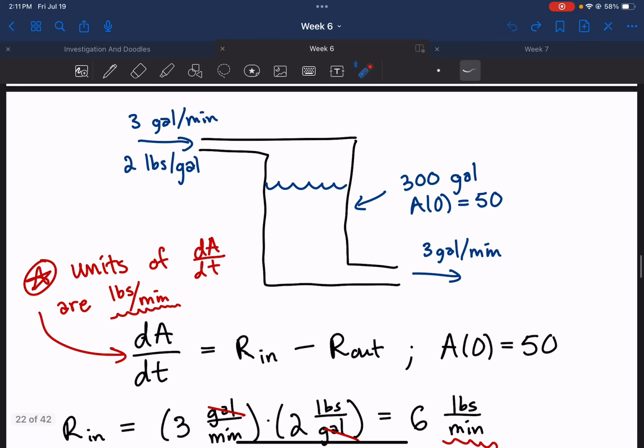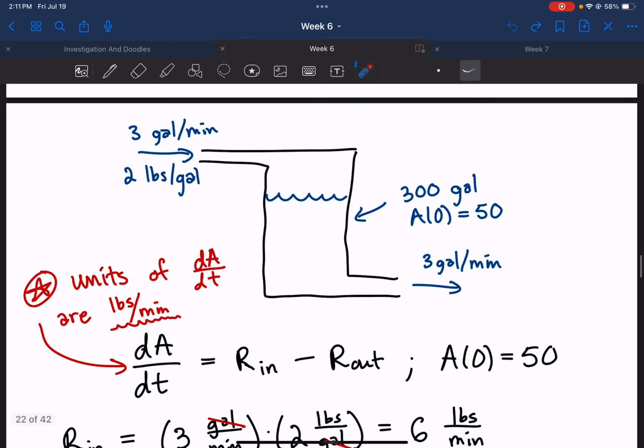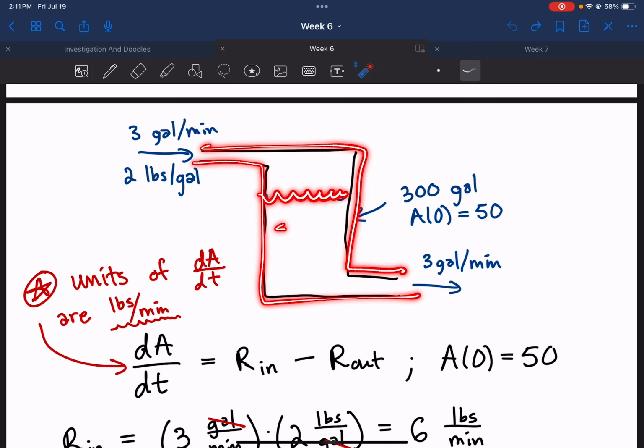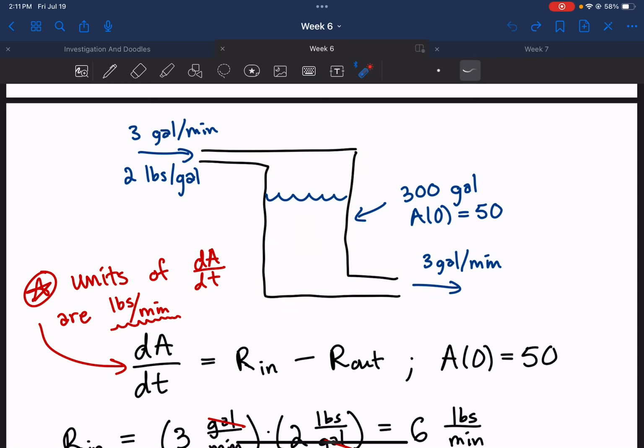So here's the picture I always draw for these tank problems, right? I start with this big tank. I know this is not a really nice looking tank, but it has some salt water in it, right? We're pumping in salt water, 2 pounds per gallon is the concentration, at 3 gallons per minute.